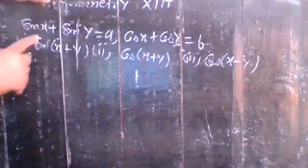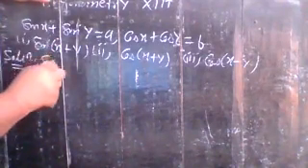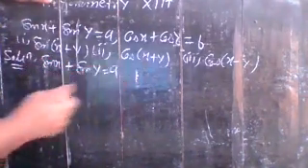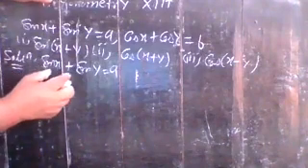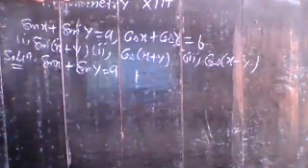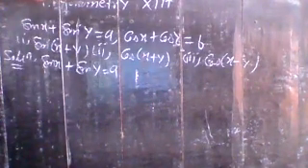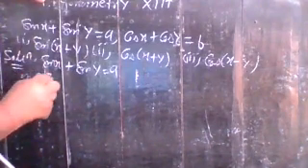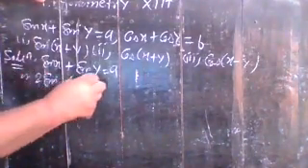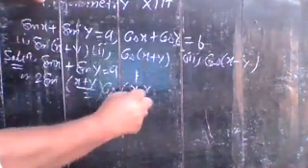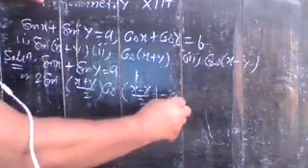Here you have sin x plus sin y equal to a. Now applying the formula for sin x plus sin y, which is 2 sin of x plus y by 2 cos of x minus y by 2, equal to a.